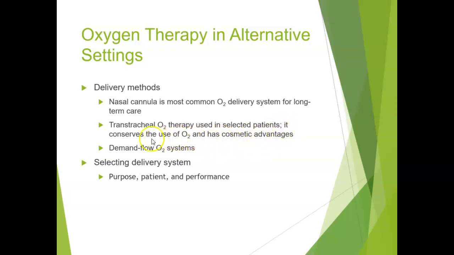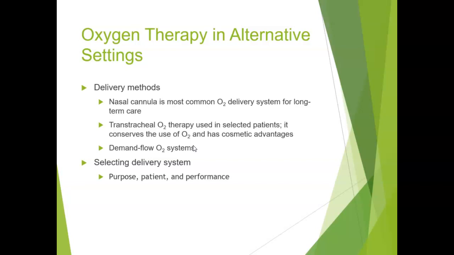This is helpful because it doesn't require us to use as much O2, because the transtracheal O2 catheter goes directly into the trachea, through a small orifice in the skin of the neck, so the patient doesn't look like they're wearing oxygen at all because it's covered up by their scarf. Because you're removing that dead space from the upper airway, you don't need as much oxygen. But with these patients, you always want to make sure that they're cleaning that catheter properly, and they can recognize when it gets obstructed.